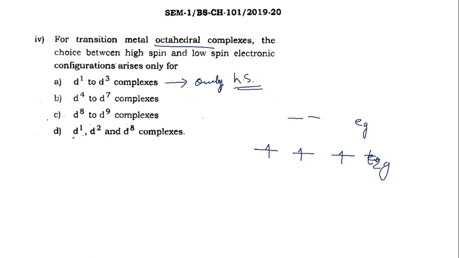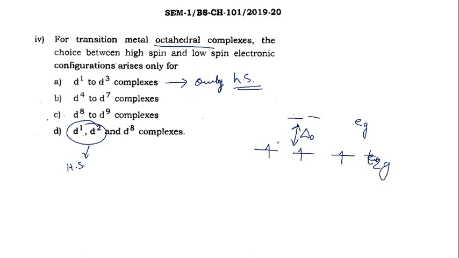Let us see, 1, 2 again come under only high spin. And 8 and 9 we'll consider together. Now from 4 to 7 you have a choice. You can either put the fourth electron here, or you can put it here in the t2g level, depending on this delta. So there is a choice. Similar with 5, similar with d6 and d7 also.